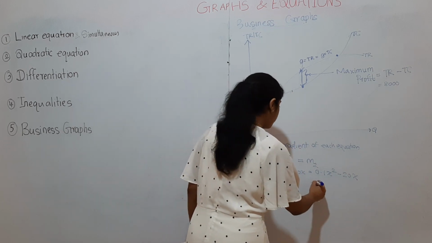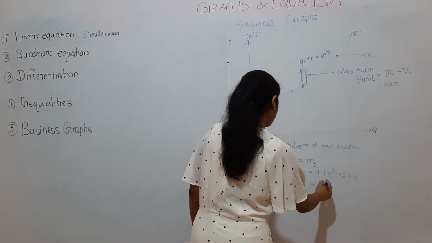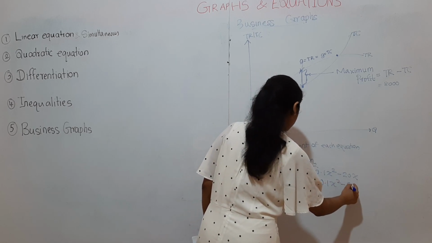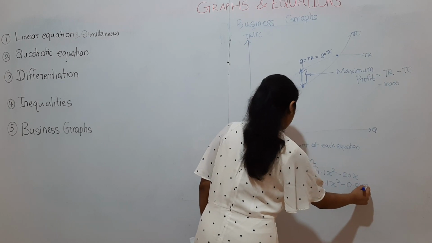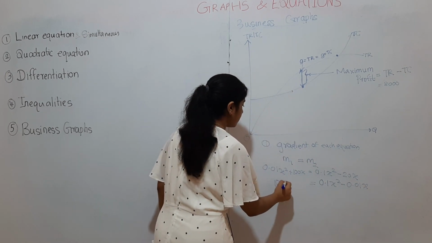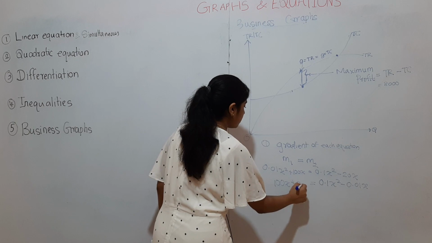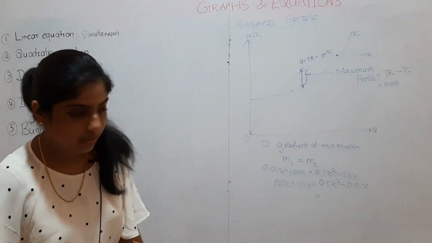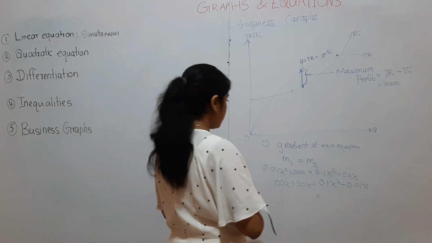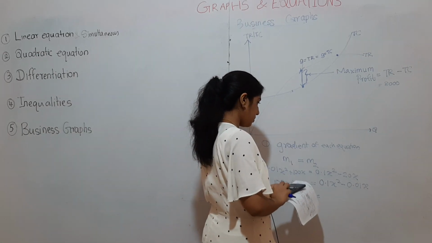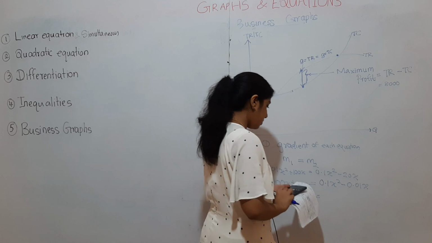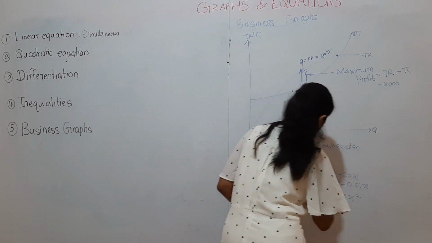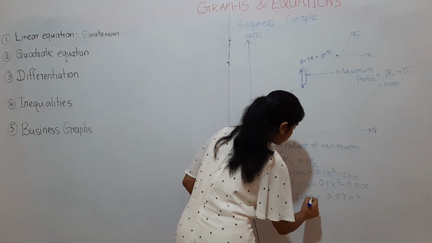Then if you solve for x, you will bring x squared to one side. There are two unknowns, but anyway, we can still solve it because it's not equal to anything else. So 0.1 minus 0.01 is 0.09x squared, and this side will be 120x.